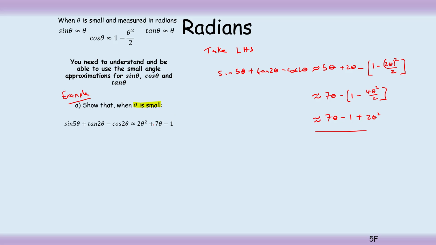Okay, I'm just going to rearrange it to have 2 theta squared at the front, so that's approximately equal to 2 theta squared plus 7 theta minus 1. Now, I've still got thetas in here, but when theta is small, it's negligible.